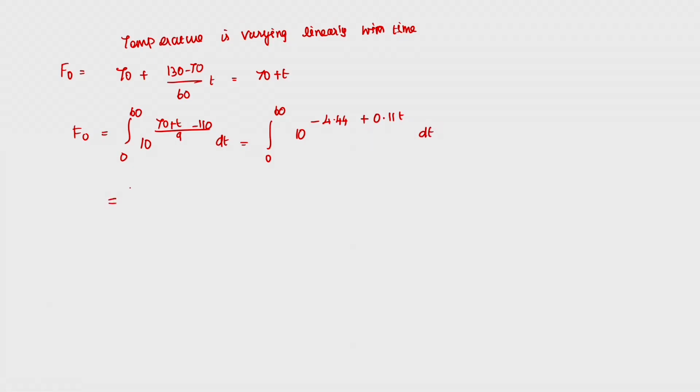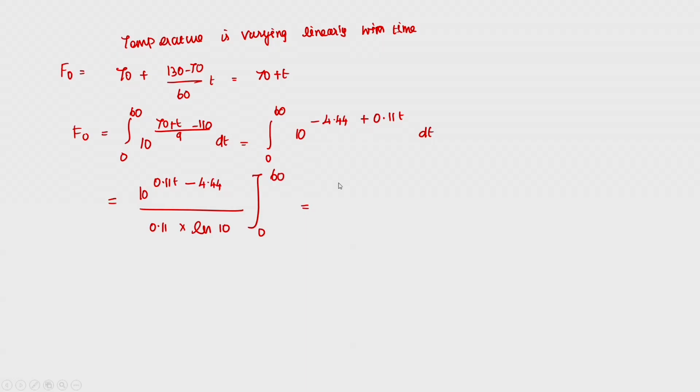So, this becomes 10 to the power of (0.11 t minus 4.44) divided by 0.11 into ln 10, 0 to 60. So, what happens is 1.144.64 into 10 to the power of 3 into 10 to the power of minus 5 upon 0.25.